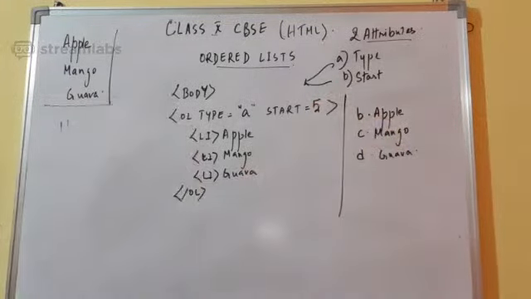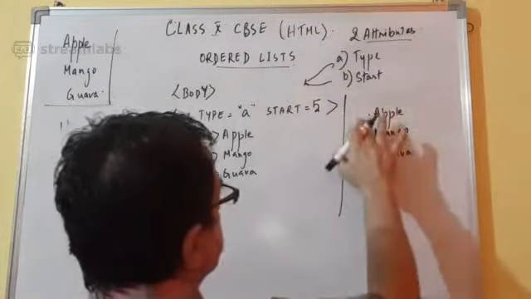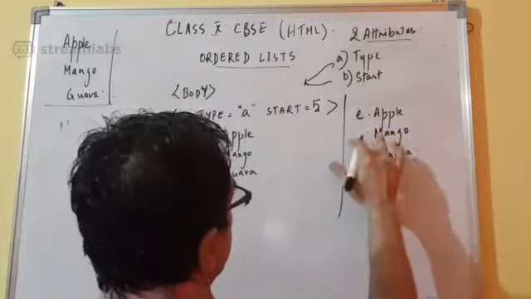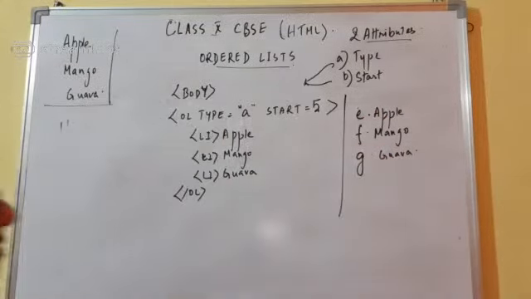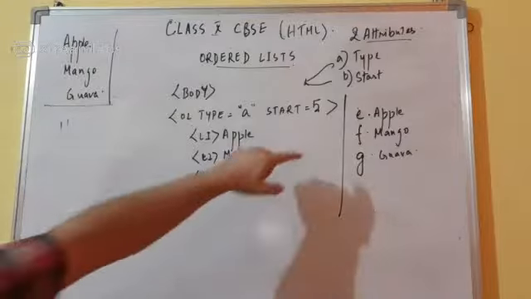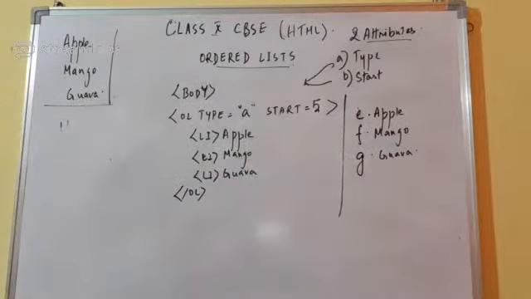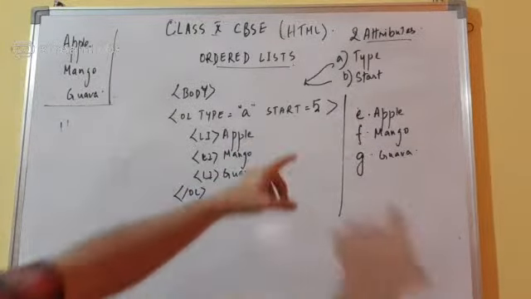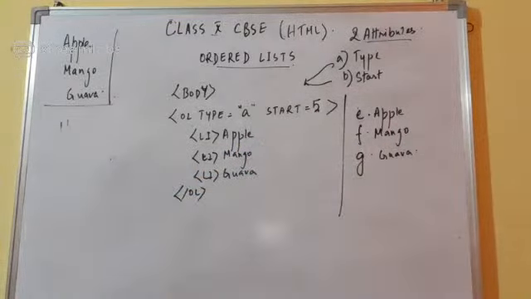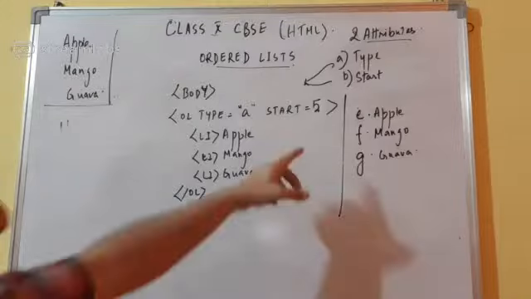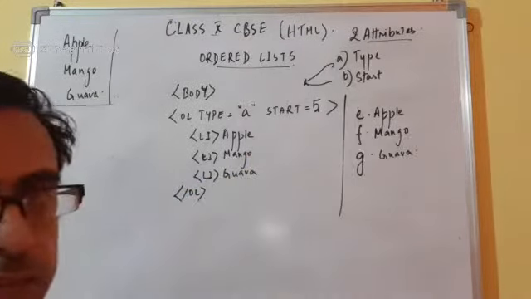It would have represented E, F and G, because it uses these alphabets only, but the numbering starts according to the desired digit. So whatever alphabets come up to that level, it will put like this.